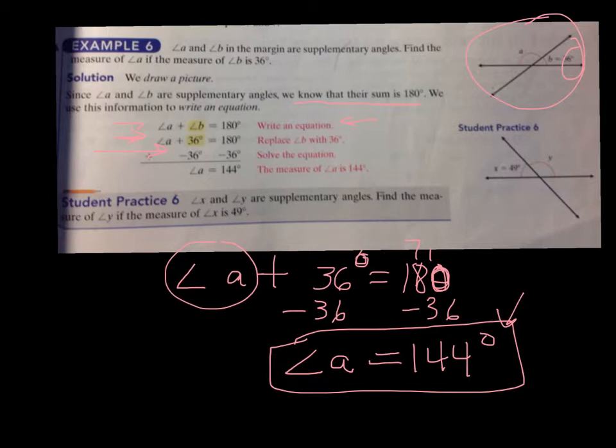Alright. Now we're going to do the practice problem here, student practice problem. So let me clear up the screen here a little bit and we'll try the student practice problem. So at this point, you may want to just pause the video and see if you can answer this question.